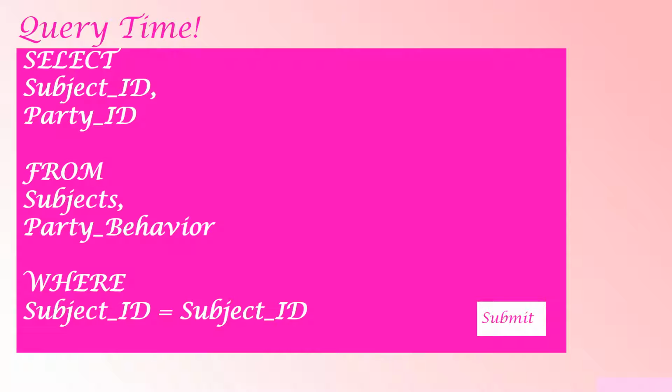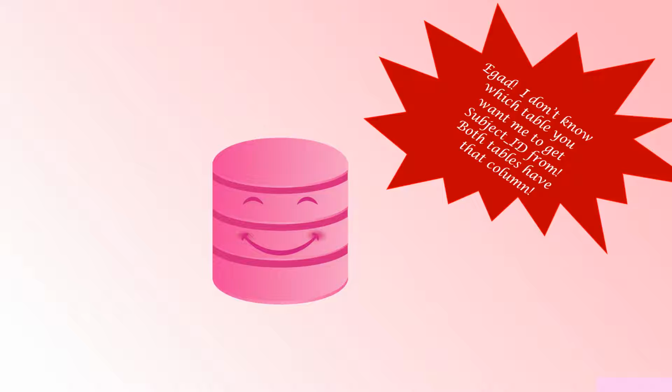If you recall, subject ID is a column in both tables. If you gave the database a command like this, asking it to get you the subject ID and it is a column in 2 tables, the database is not going to be happy. You will get a confused error message from the database saying it doesn't know which table to get the subject ID from.